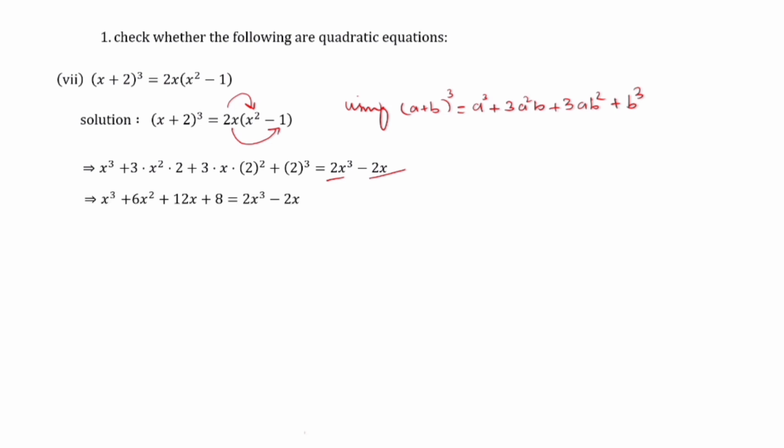Then simplify this one and multiply all this term, I will get this one, and multiply all this, I will get this. So this one remains as it is.